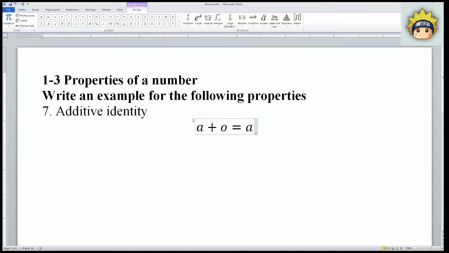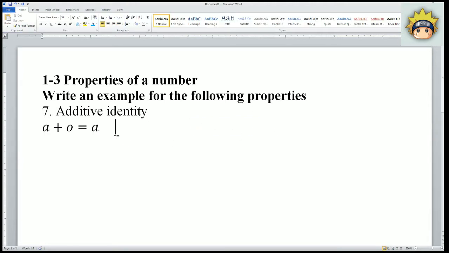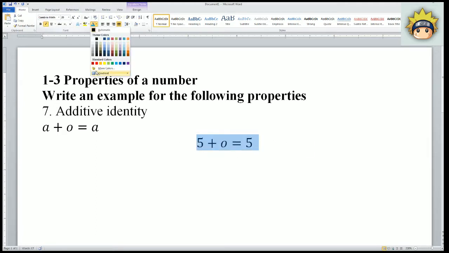Additive means add, okay? By definition, that's what it is. But here it asks us to write an example. So let's just plug in some numbers. Let's make A 5. So 5 plus 0 has to equal 5. That is by definition what the additive identity is.